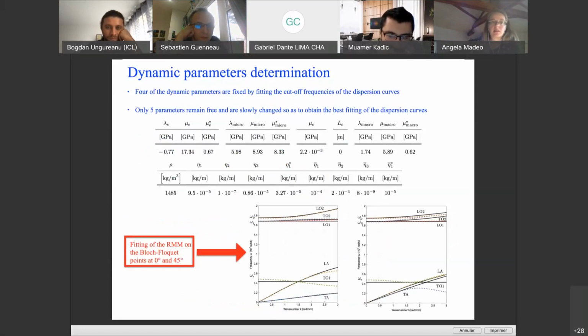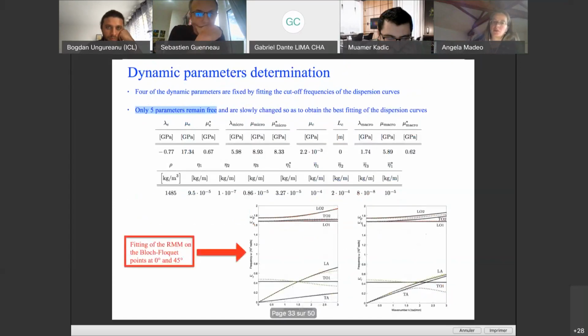Well, 4 of them can be fixed by imposing the values of the cutoff frequencies. We know the values of the cutoffs from Bloch-Floquet. We impose those values in our model. So we kill 4 parameters, and only 5 parameters remain free. And these we adjust gradually, starting from 0, to fit our Bloch-Floquet experiment.